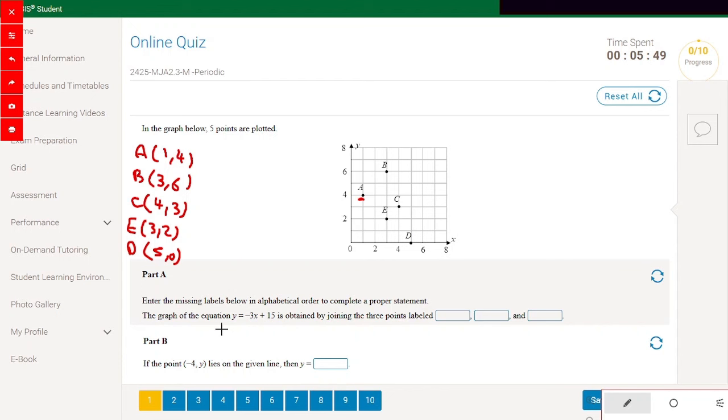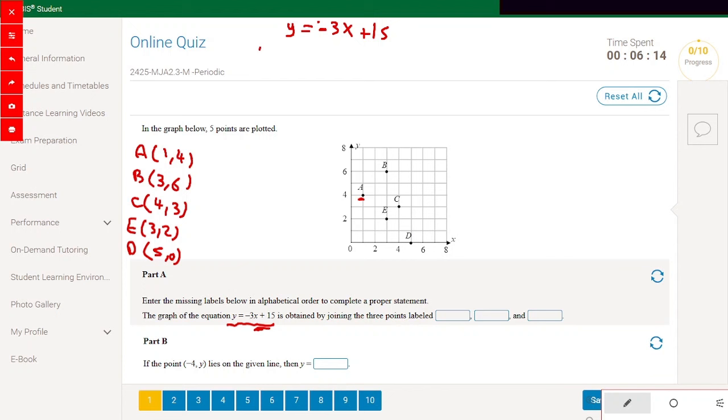Now we get these coordinates anyway to see which points obtain the equation. All we have to do is substitute the values of each point into this equation and see if it's a solution or not. So now we have the equation y equals minus 3x plus 15.